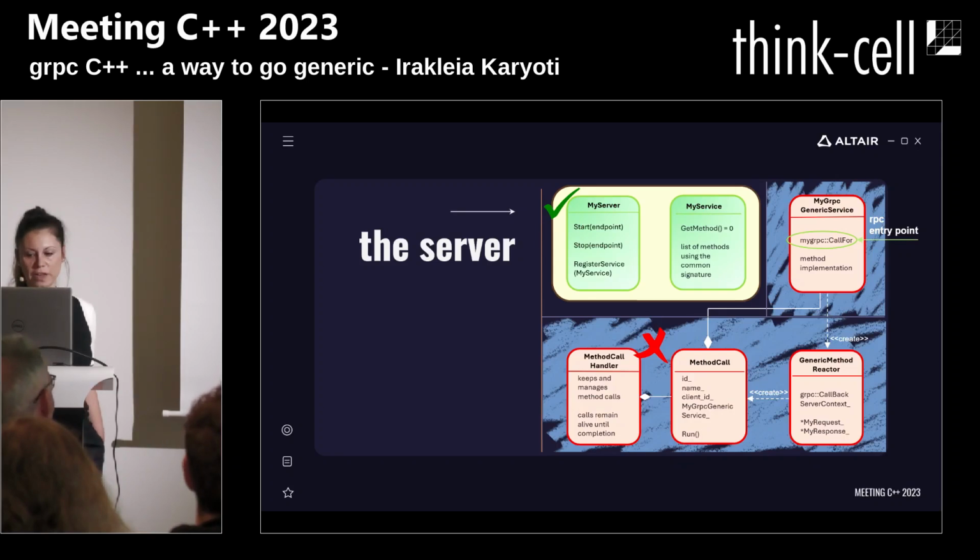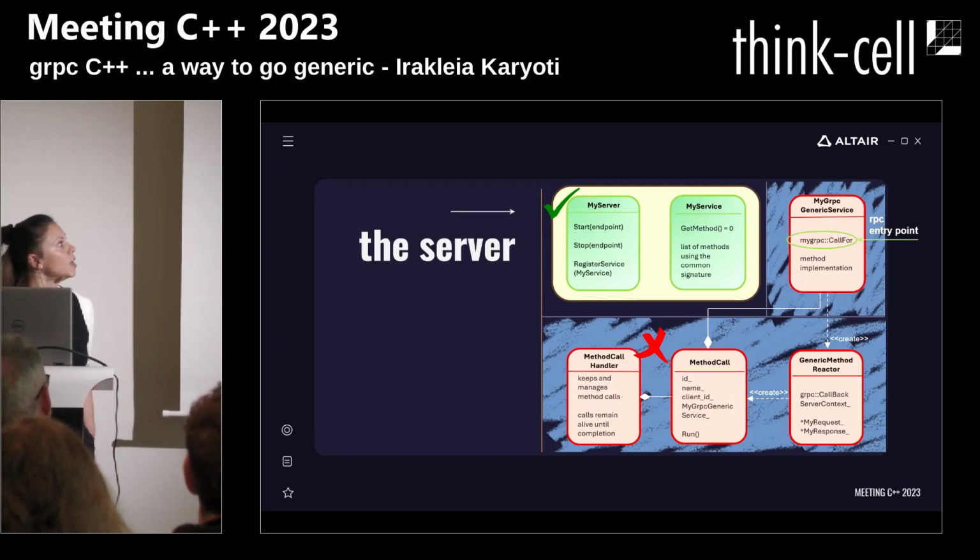Through the reactor, everything happens. The reactor also performs any slicing that we would like to do for really large data. It creates a method called instance that includes an ID, name, maybe client initiator ID for each call. And we also have a handler to keep track of all the calls and manage the lifetime of the calls.